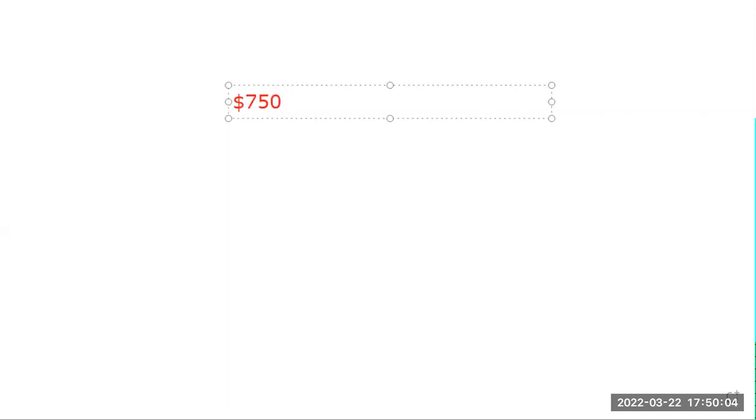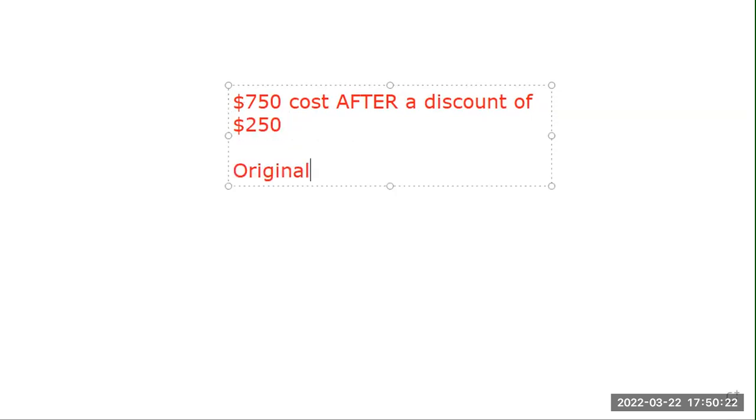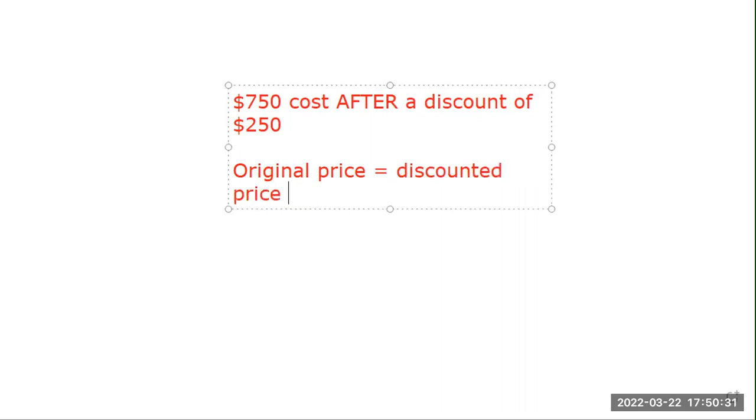So we have $750 would be the cost after a discount of $250. So in this case, I'm actually telling you the price is this after I got a discount. So if you want the original price, you need to add your discounted price, which is the $750.